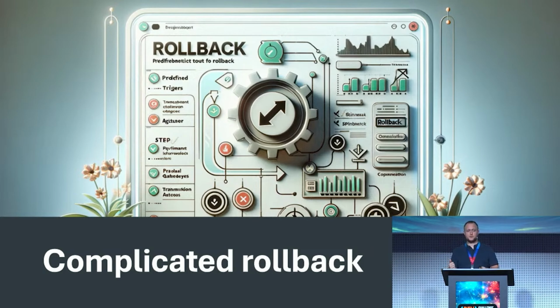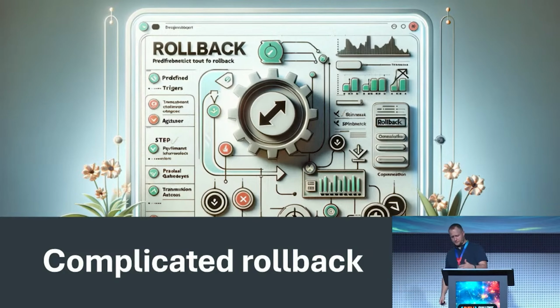But what happens if you need to do a rollback of the source code? What are we actually rolling back here? Do we need to roll back the flags to a different value? Do we need to roll back the flags configuration for all the user segments together with the source code and restart the system somehow? What are we going to do in this case? So rollbacks become very, very complicated very, very fast.